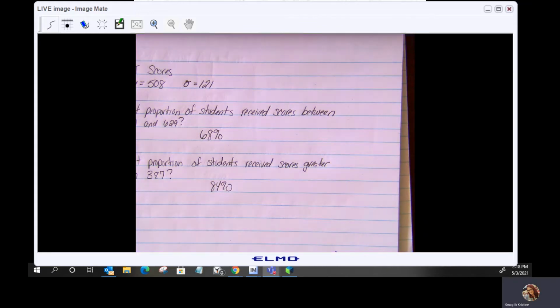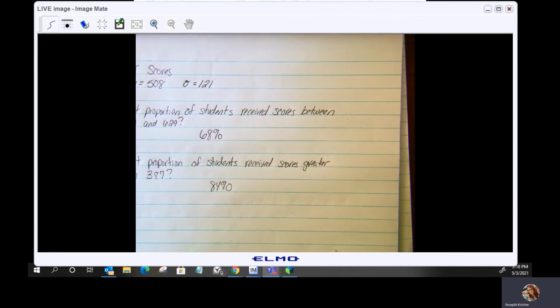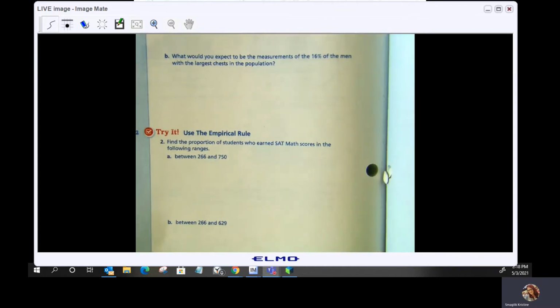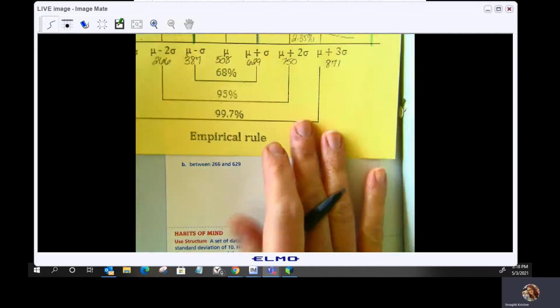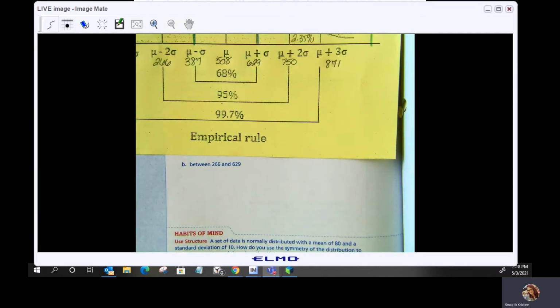And now let's take a look at your try-its. Your try-its use the same data. Find the proportion of students who earned SAT math scores in the following ranges: 266 and 750. So 266, let me get out another color pen.